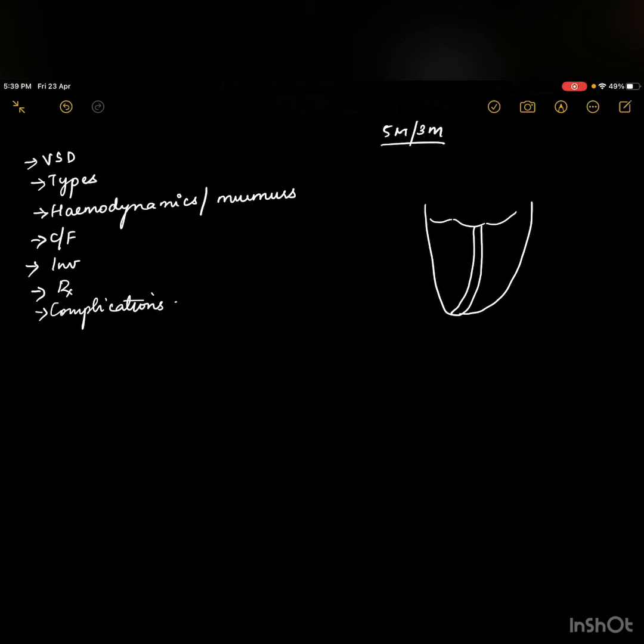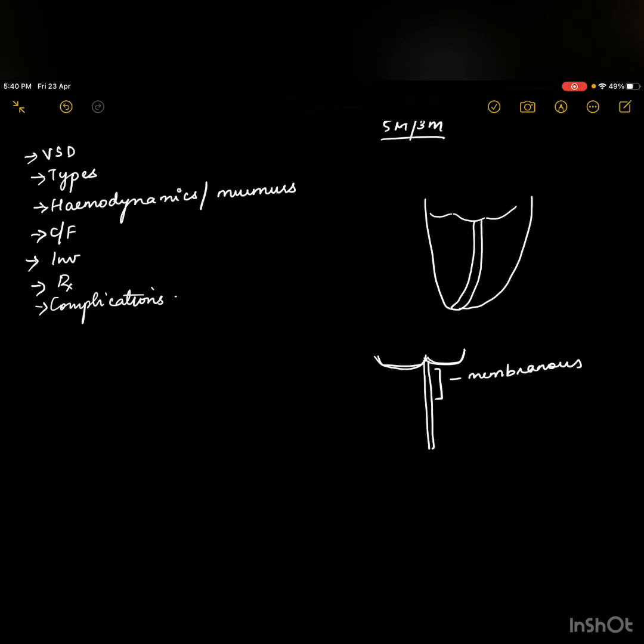So let's assume these are the two valves. This is the mitral and this is the tricuspid valve, and this is the ventricular septum. If the defect is in the upper portion, that is known as a membranous ventricular septal defect, because this region is embryologically the membranous portion of the septum.